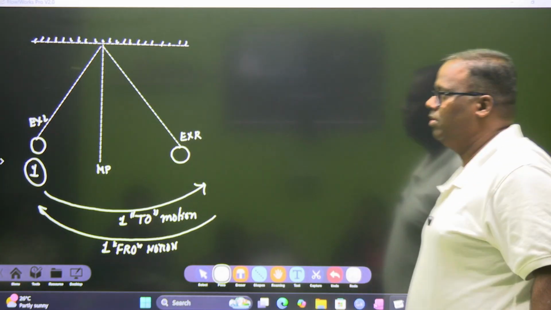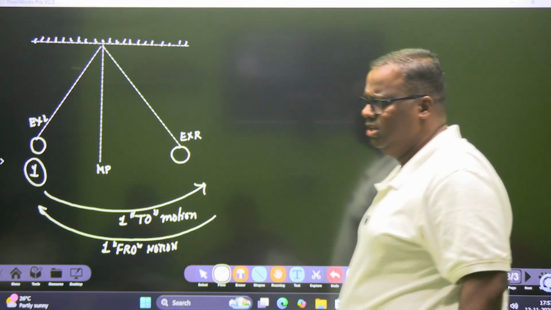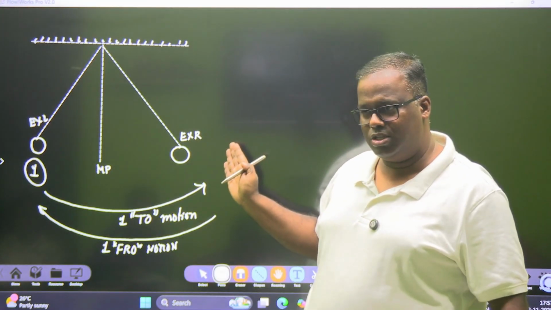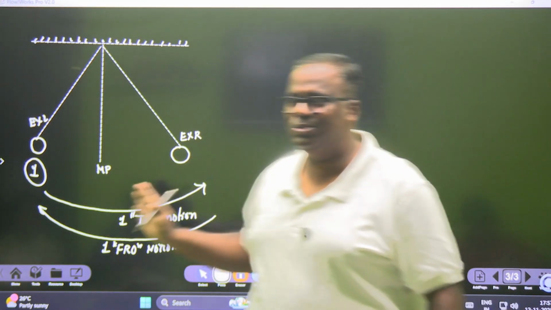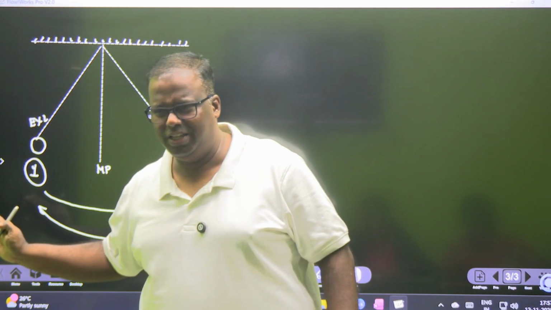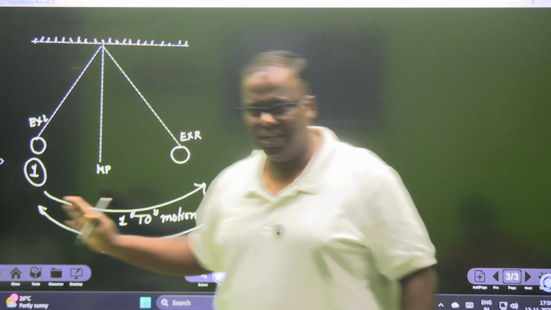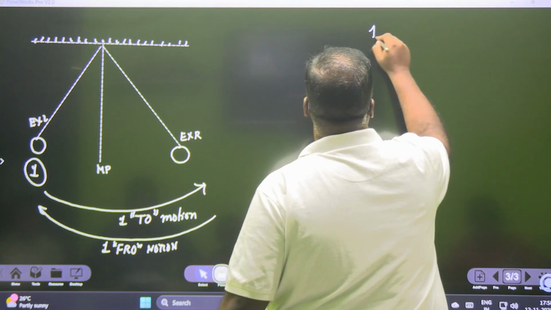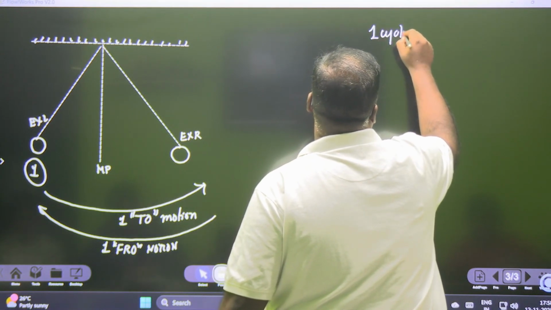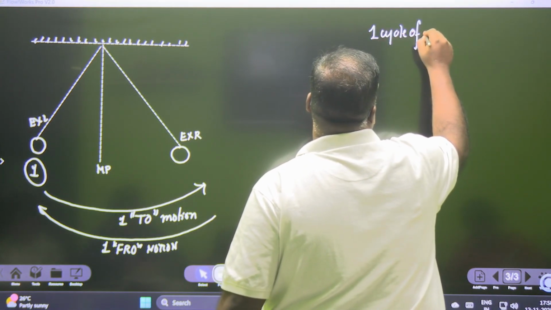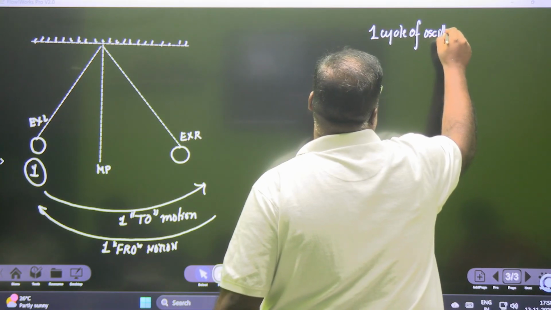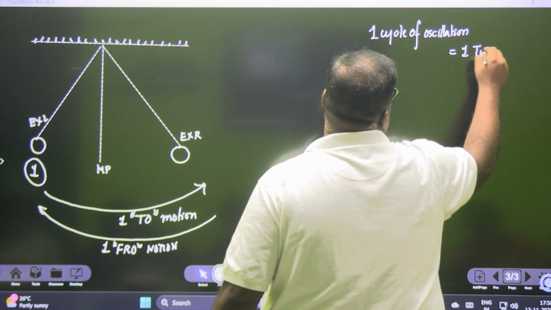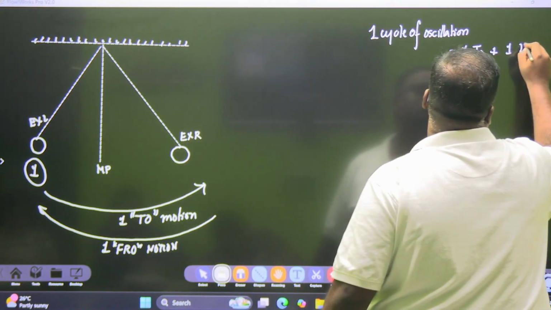Understood? Right. Now imagine when it went to, from my house, it went to auntie's house, and in fro, it came back to its house. It's like it completed a cycle. So this is called one cycle of oscillation, which comprises 1 2 plus 1 fro.